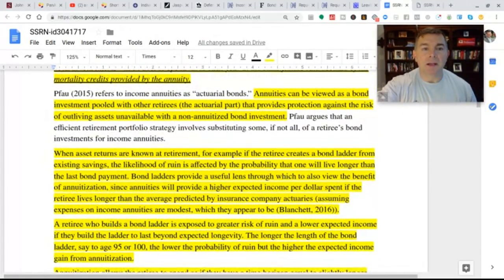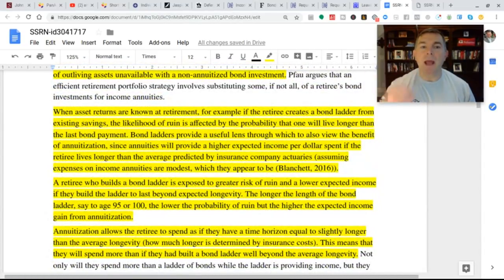When asset returns are known at retirement, for example, if the retiree creates a bond ladder, the likelihood of ruin is affected by the probability that one will live longer than the last bond payment. Bond ladders provide a useful lens through which you can also view the benefit of annuitization, since annuities will provide a higher expected income per dollar spent if the retiree lives longer than the average predicted by the insurance company actuaries.